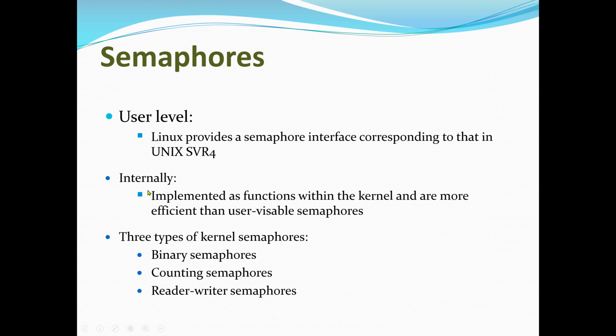We also have the internal semaphores. These are implemented as functions within the kernel and are more efficient than user visible semaphores. We have three types of kernel semaphores: binary semaphores, counting semaphores, and reader-writer semaphores.